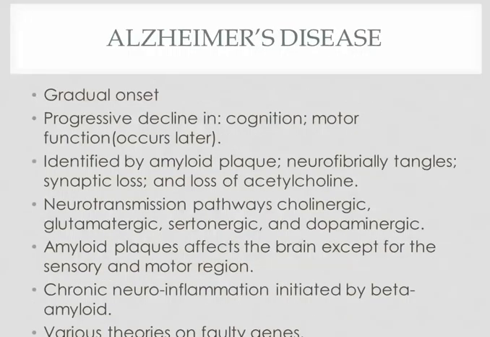With Alzheimer's disease, or AD, it's a gradual onset. It is a progressive decline in cognition and motor functioning. However, the decline in motor functioning occurs later. There are various identifiable characteristics that individuals have with Alzheimer's disease.